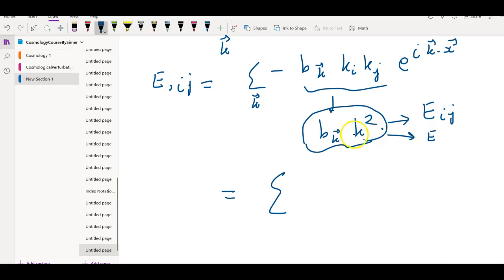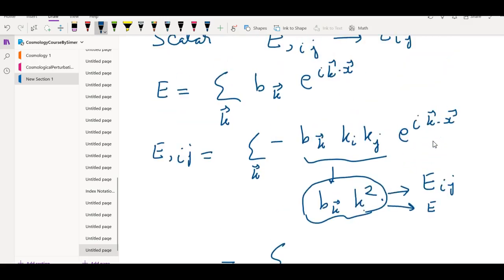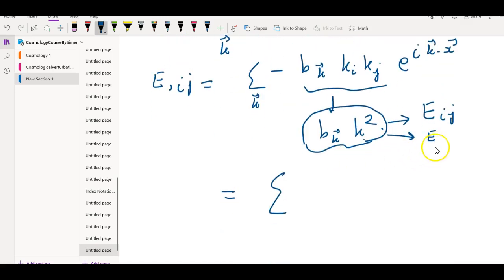So if I write the Fourier expansion of E like this, that means I'm going to replace bk with ek by k square, so that ek has the same dimension as Eij.